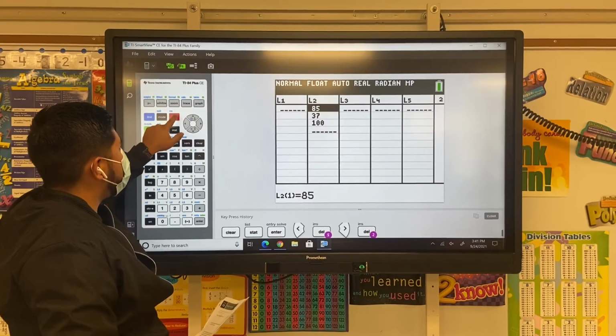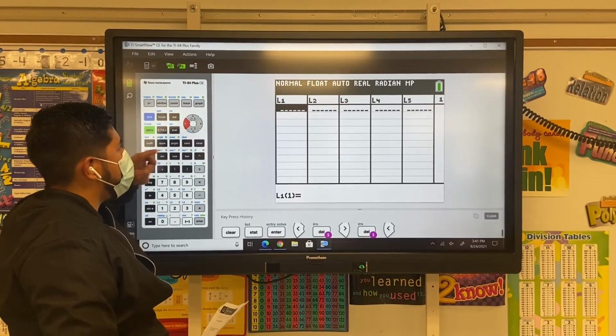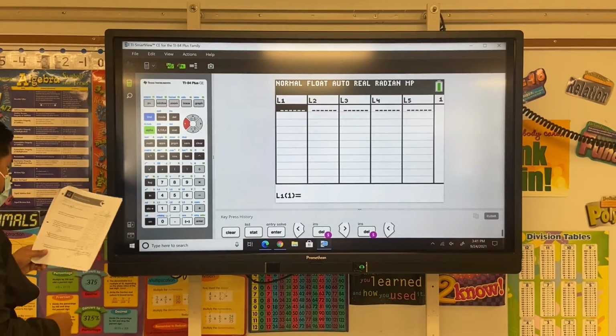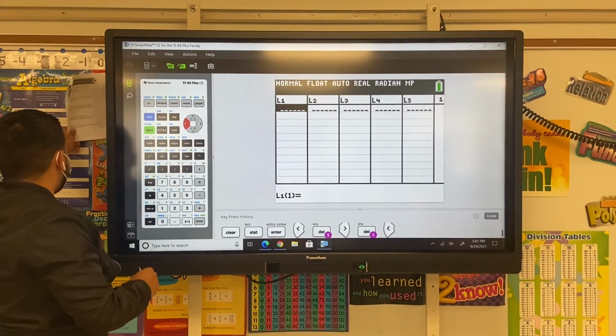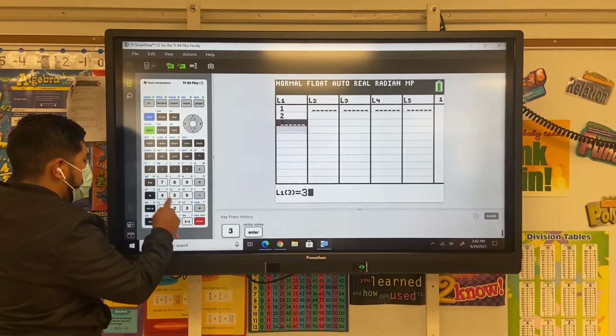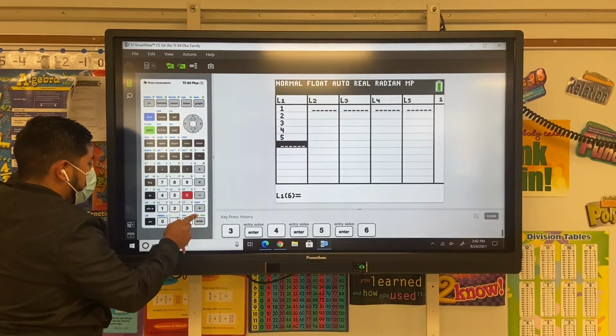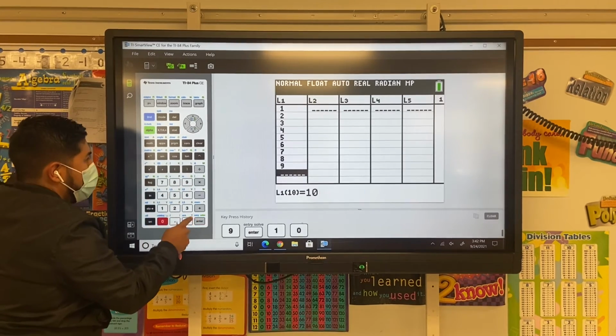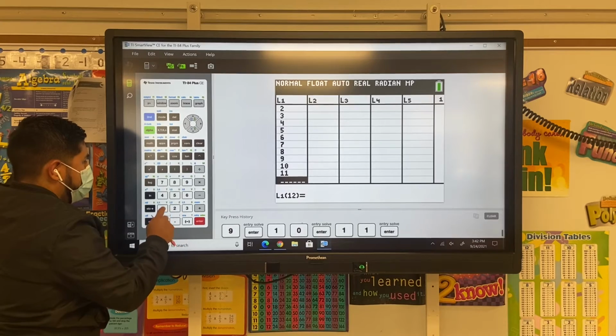Come over here, delete, delete, delete. Not deleting the top. If you delete the top, you already messed up. On the x side, 1, 2, 3, 4 through 12, I'm sorry. 1, 2, 3, 4, 5, 6, 7, 8, 9, 10, 11.